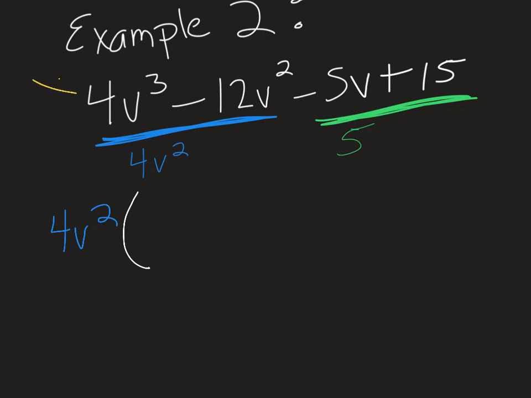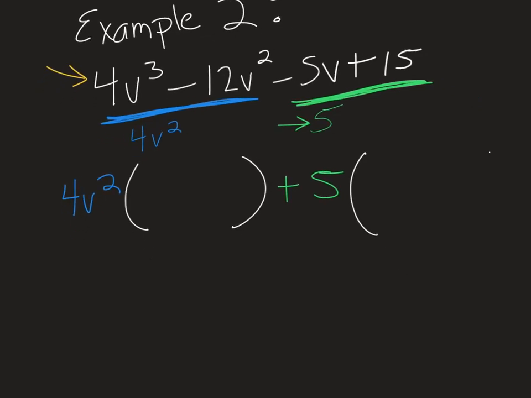And then I want you to write inside of these parentheses what's left over after you factor out that 4v to the second. Then you're going to want to factor out the 5, which means I want you to write in these parentheses what you have left over after you factor the 5 out of that set of terms. So pause the video, try it yourself, please, and return once you're ready to check your work.